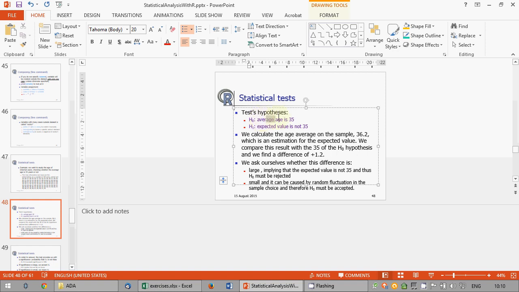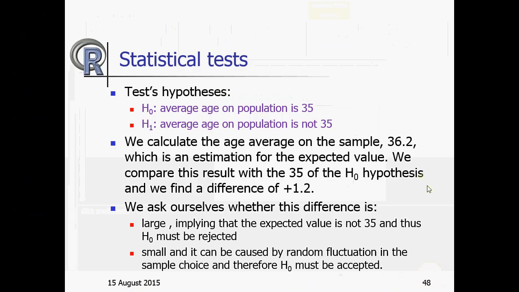Expected value, it's basically the average on the population. Okay. Average age on the population is 35. So the average age calculated on the entire population is 35. H1: the average age calculated on the entire population is not 35.